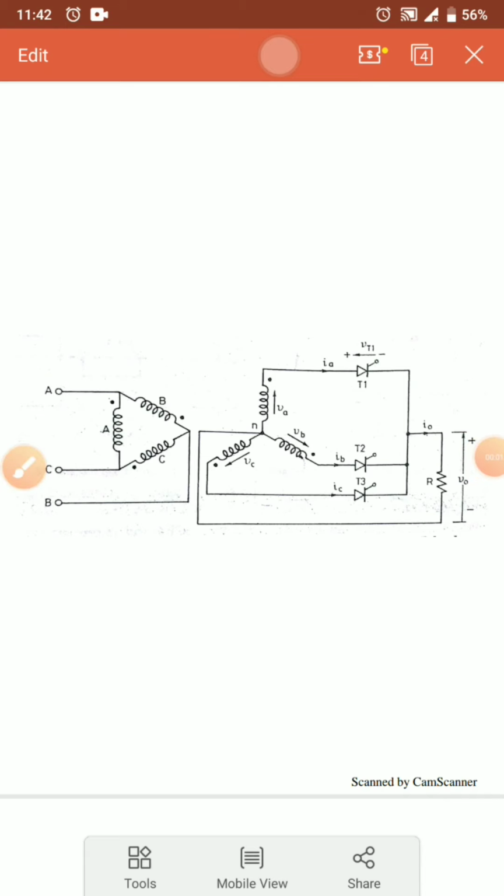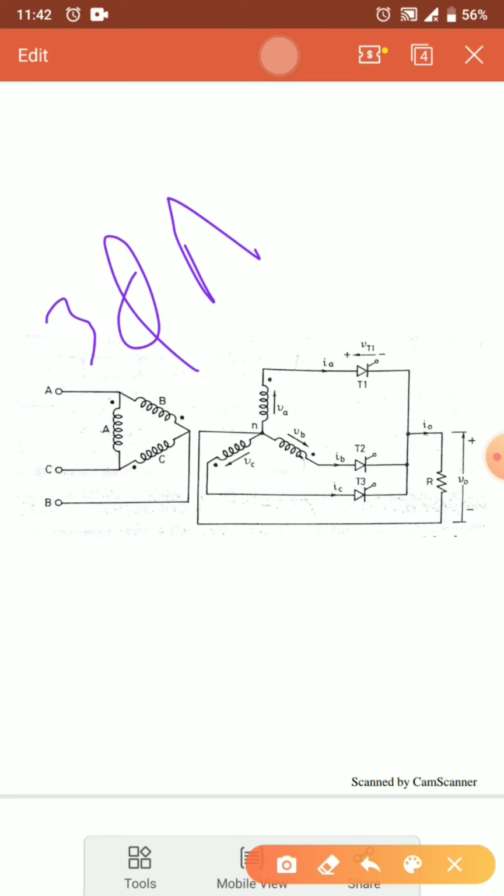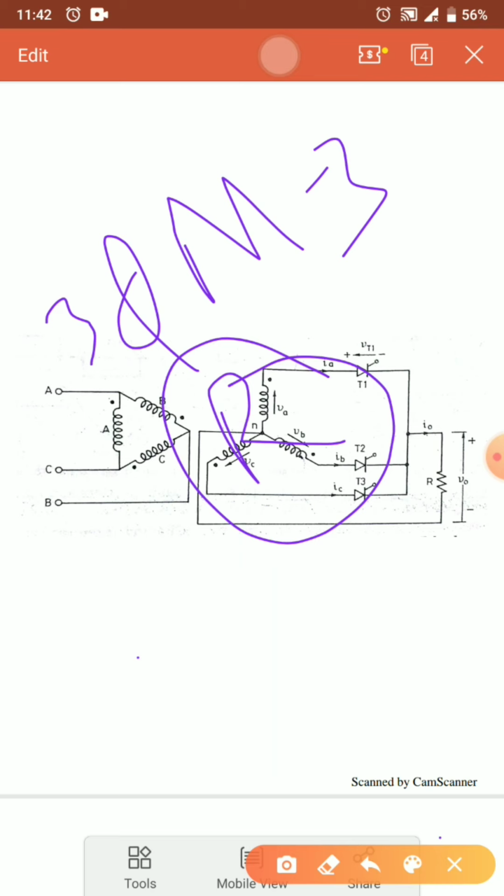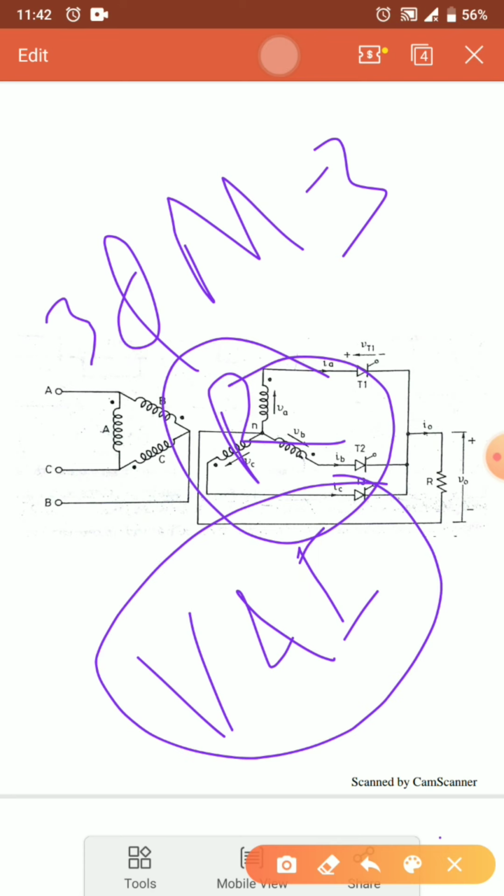We will be discussing a three-phase three-pulse converter, or a three-phase M3 converter, having R load. As we have discussed in the previous lectures for single-phase half-wave and full-wave converters, if an R load is present, the voltage and current waveforms will be in the same phase.